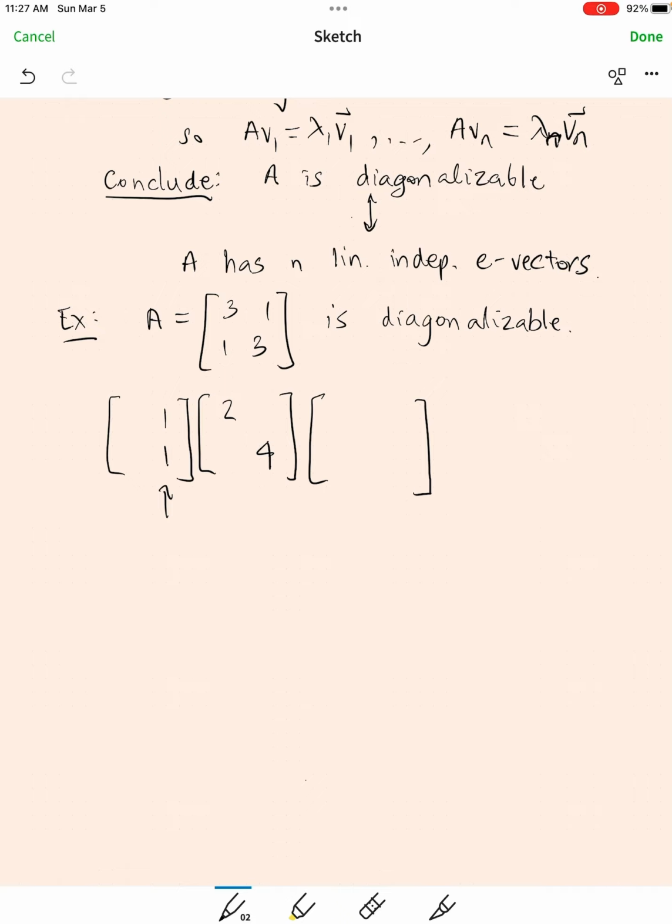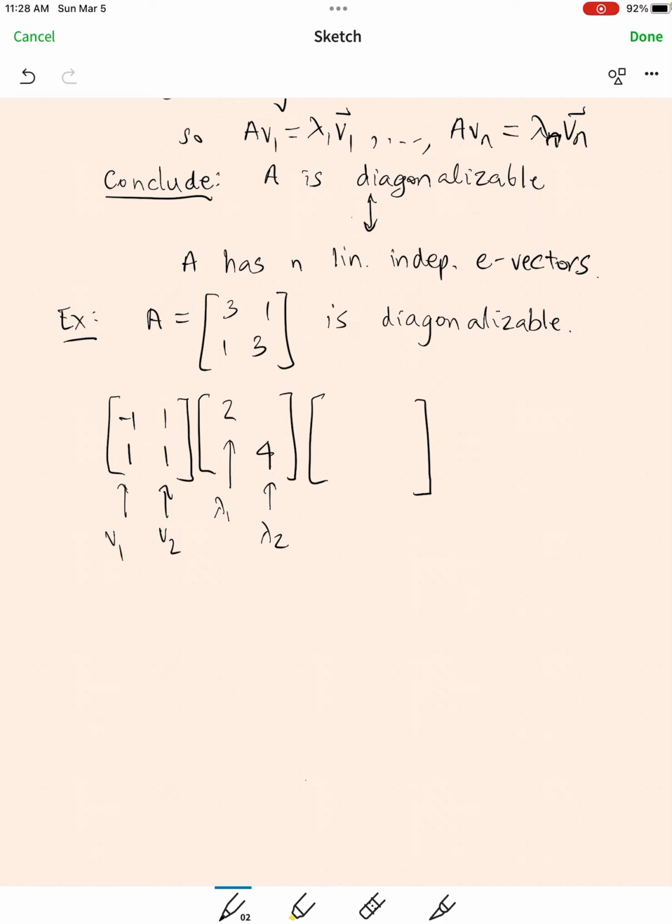Okay. And so here's lambda, so that's lambda 1, that's lambda 2. Here's V2. And V1, we need a vector that's scaled by a factor of 2, and we found it's negative 1, 1, right? And let's just check.